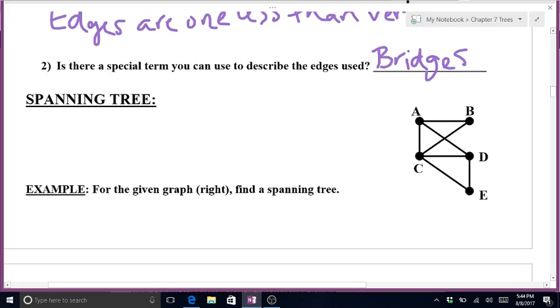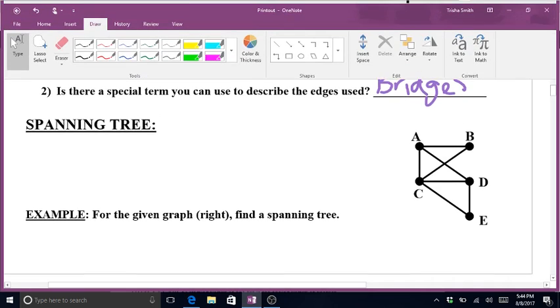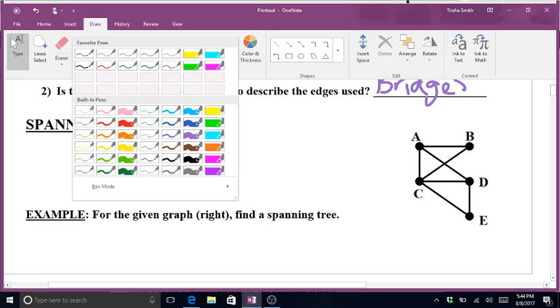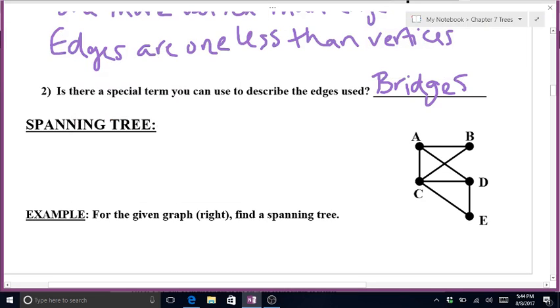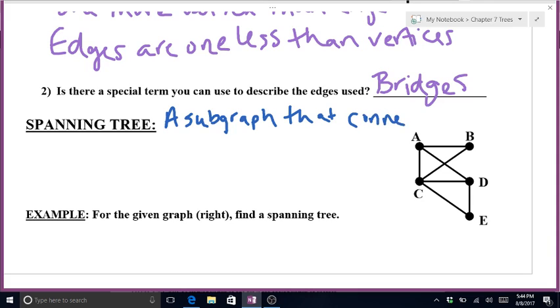Okay, our next vocabulary term, spanning tree. A subgraph that connects all vertices and has no circuits.